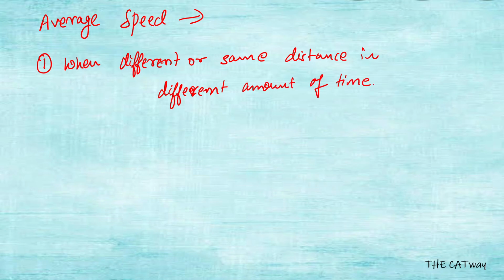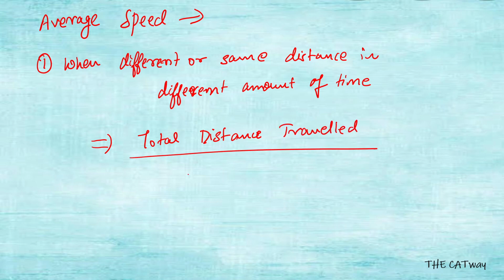That means whenever the distance is equal, or even not equal, but the speed is varying every time, then the formula for average speed is going to be total distance traveled upon total time taken. So this is what it is.